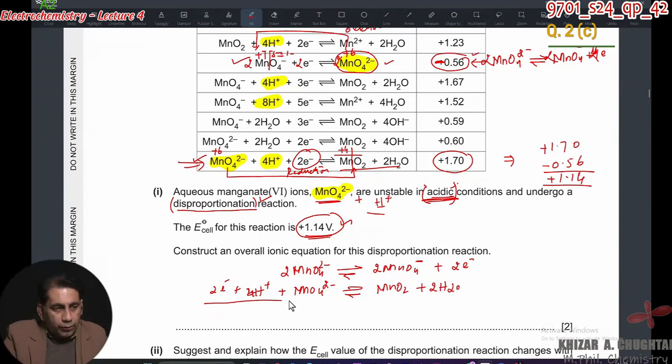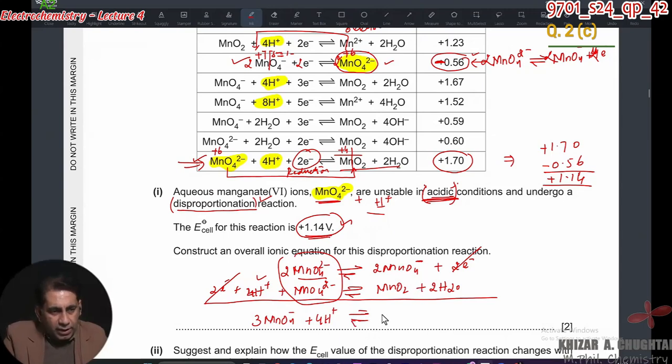Now, I'm going to add these two equations. Electrons will be cancelled out and nothing further is going to be cancelled. So 2 moles and 1 mole of MnO4 2 negative ion become 3 moles. So 3 moles of MnO4 2 negative plus 4 moles of H positive on the left hand side.